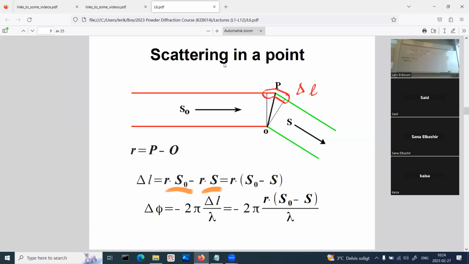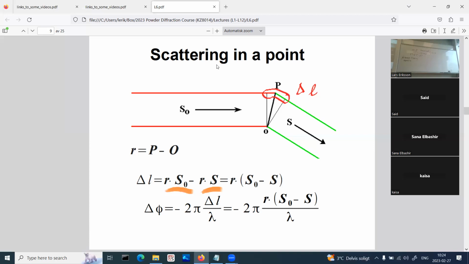You can perhaps say that the phase difference is the incoming wave minus the outgoing, or plus or minus, depending on whether we have a phase shift in the scattering phenomenon. But this length here: if there are photons, they travel with the speed of light, or neutrons with some limited finite speed.